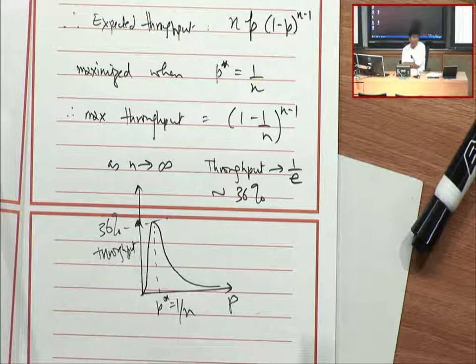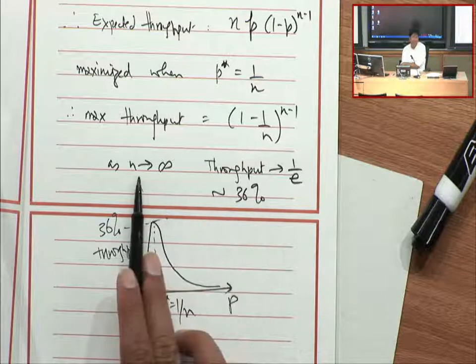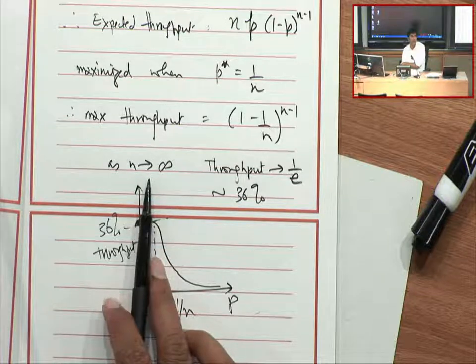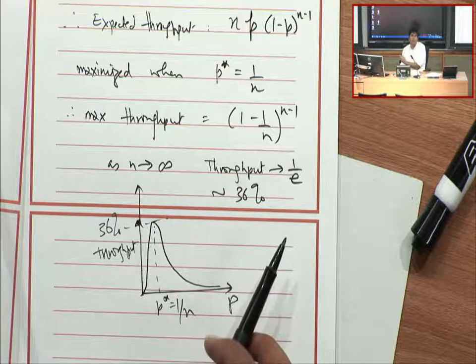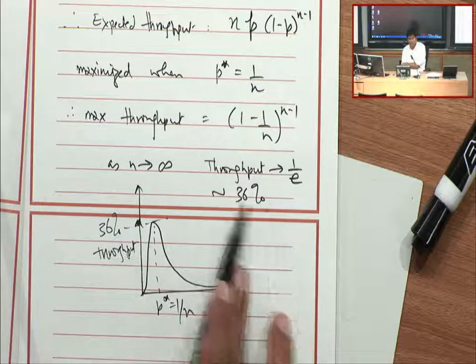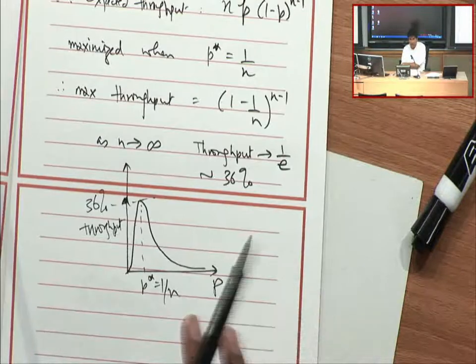It's kind of low in that you're giving up 60-some% of your throughput to collisions, basically, right? On the other hand, it's kind of high when you realize that this is independent of n. You can have thousands of users just use slotted aloha, and you get a constant fraction of the link's throughput without any additional coordination. So from that perspective, it's a pretty amazing result that regardless of the number of users, I can guarantee a minimum throughput of 36%. Okay. So yeah, depending on how you look at it.